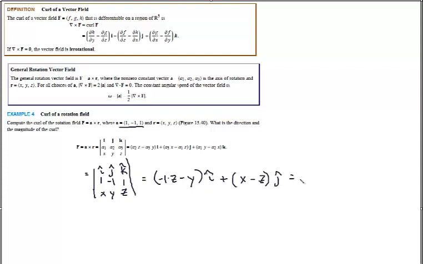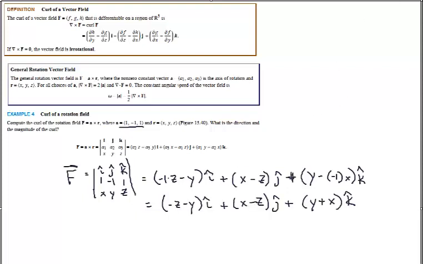And then the next one, A1 is right here, that's 1 times Y, so that's Y. And then minus A2, which is -1, times my X, oops, that's supposed to be plus, and this K component, simplifying that, is going to look like minus Z minus Y. I'll just write that down.